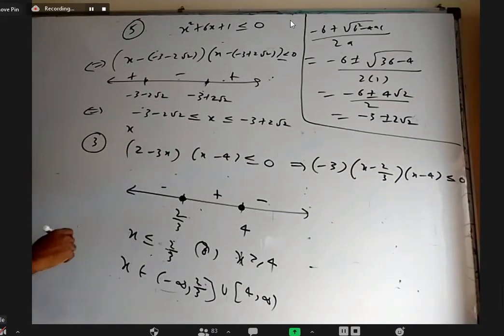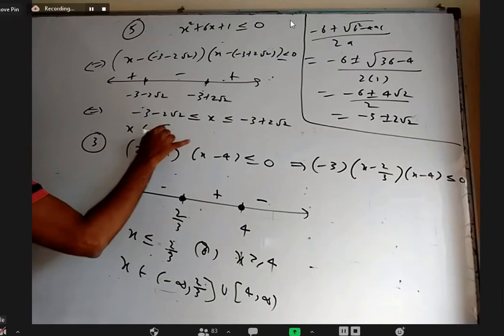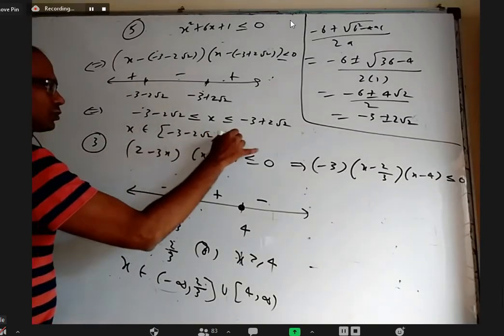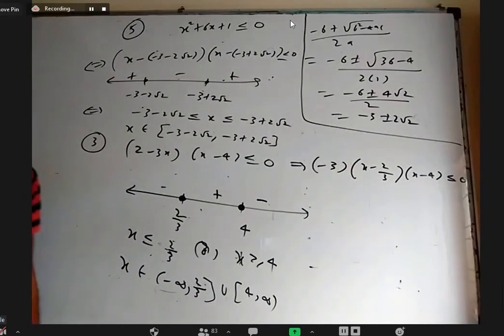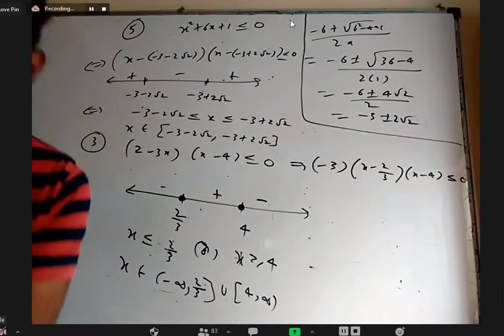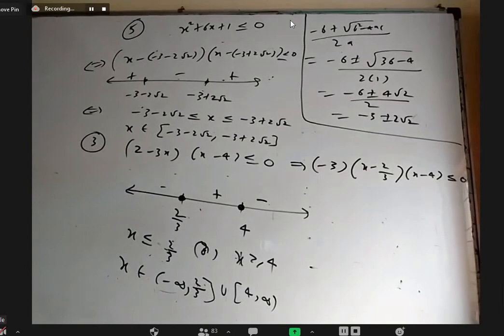That is x belongs to closed interval minus 3 minus 2 root 2 to minus 3 plus 2 root 2. When the roots are not just simple integers or fractions, if the surds also are there, we can do it, not a problem at all.